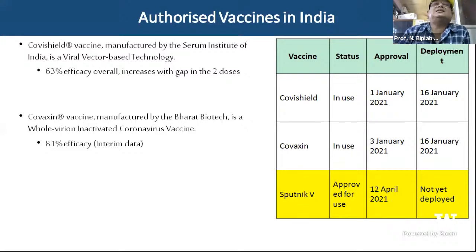Covaxin is another vaccine manufactured by Bharat Biotech, and is a whole virion inactivated coronavirus vaccine, and the efficacy is 81%. And there is also another vaccine which is recognized recently in India for use, that is the Sputnik vaccine, which is approved in April.